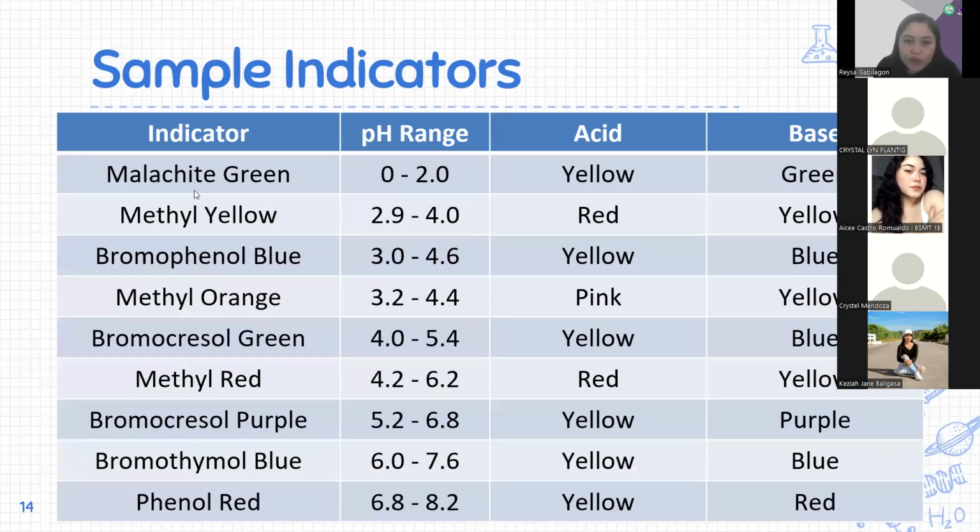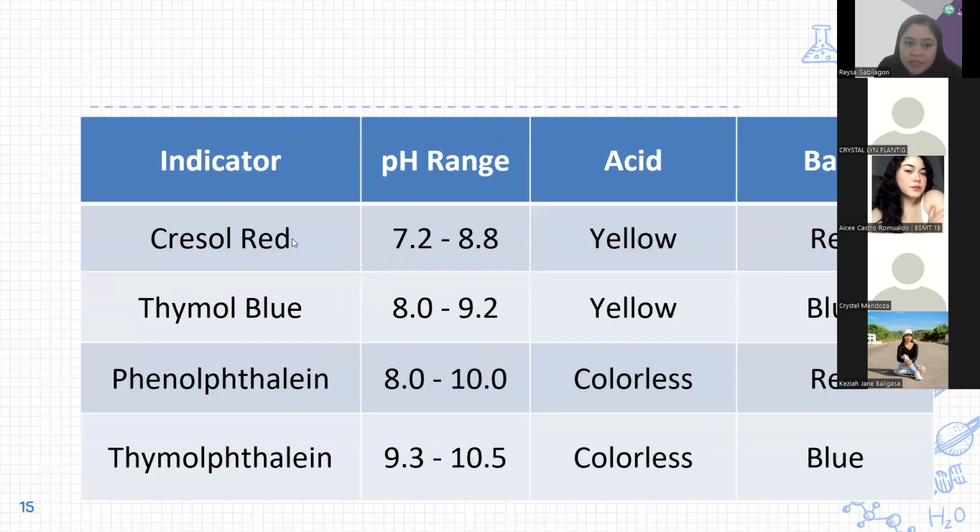Okay? So, these are examples of our indicators, class. This is just a sample, there are many of them. In our experiment, we used phenolphthalein. Okay? Phenolphthalein. Now, in an acidic environment, phenolphthalein is colorless.